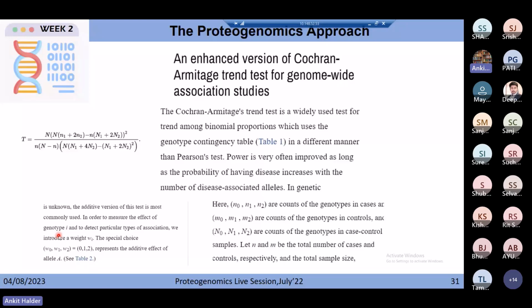find out what the trend of the data is that you are finding. So these were the different tests. The first test is Fisher's exact test.